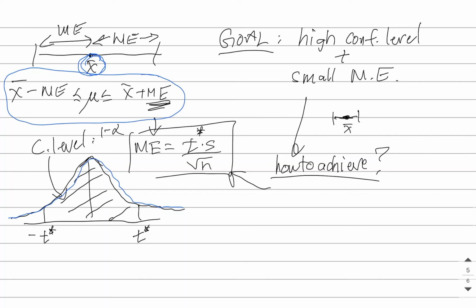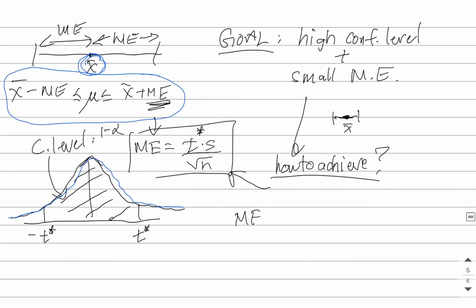This is a number that results from your particular sample and you don't have any control over it. So we aren't going to spend a lot of time focusing on the sample standard deviation. It should be obvious to you that if you want the margin of error to decrease, you want the sample standard deviation to be lower, to decrease. You don't have control over that.